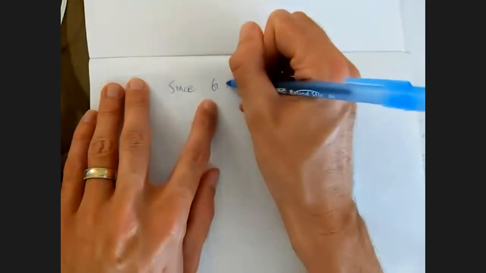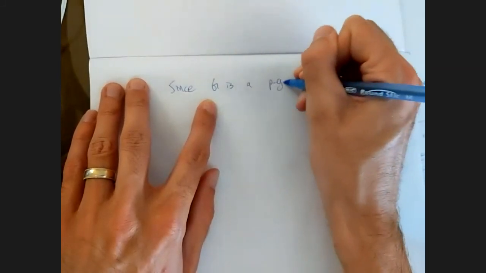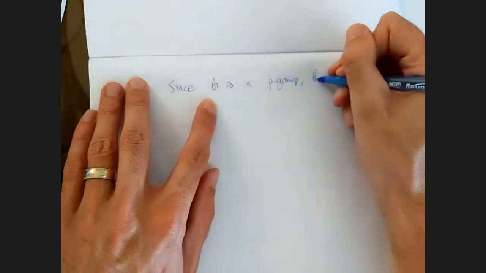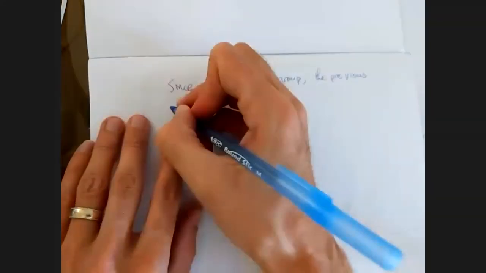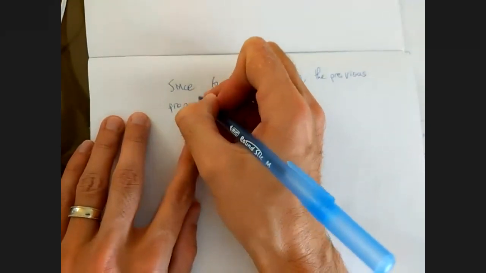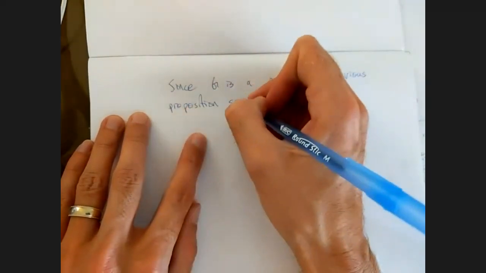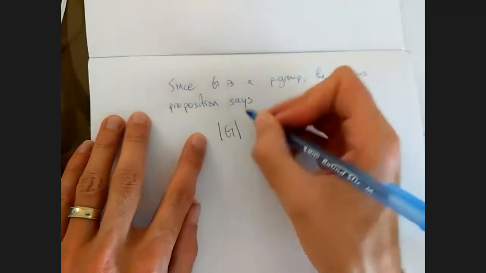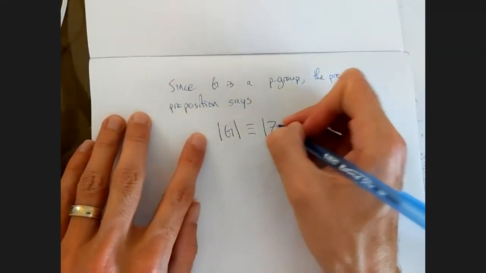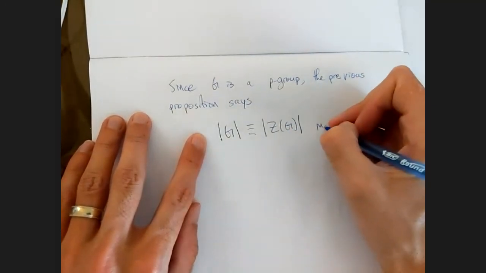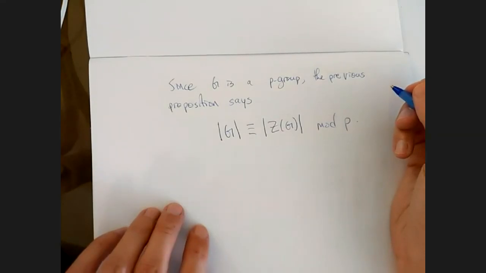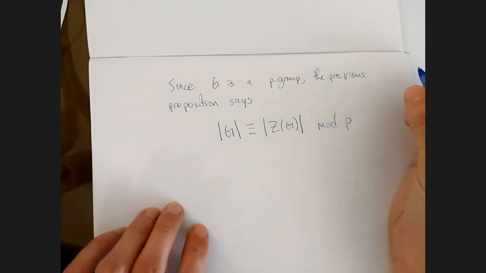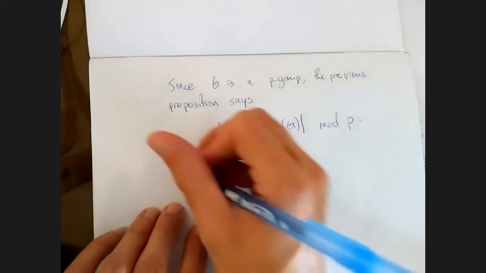Since G is a P group, the previous proposition tells us that the number of elements of G is congruent to the number of elements of the center of G modulo P. Now, G is a P group.